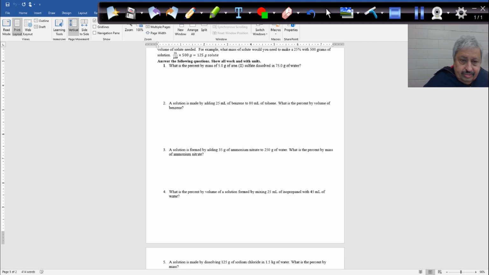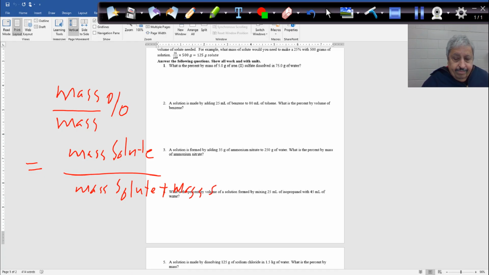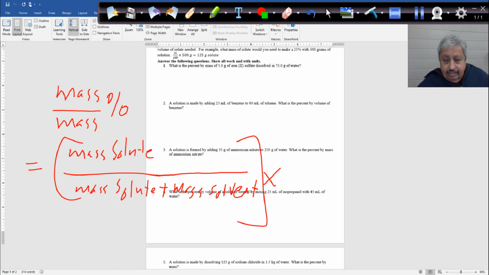Mass over mass percent will equal the mass of the solute divided by the mass of the solute plus the mass of the solvent. And the whole thing here is multiplied by 100.